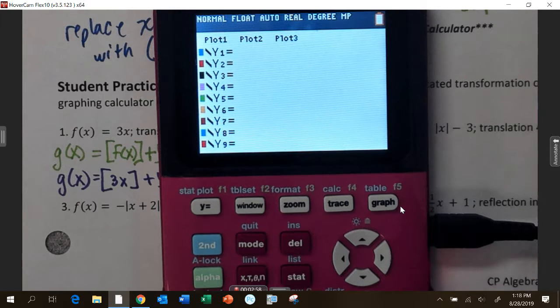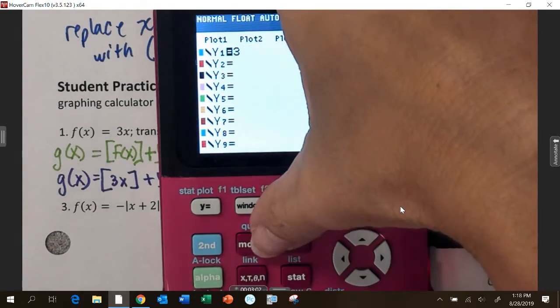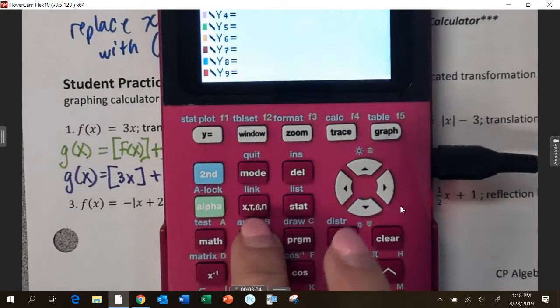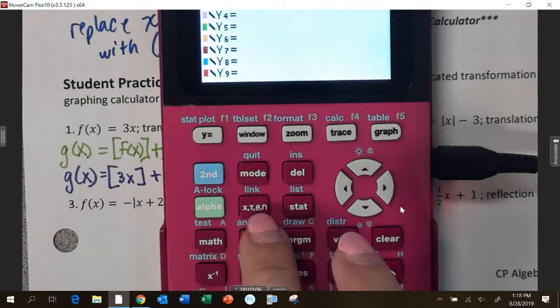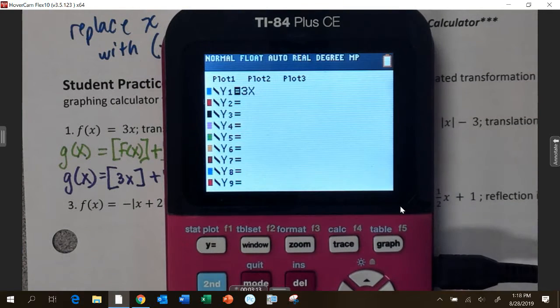So we're going to type in 3, and to find the x, there's a button right next to the alpha that says xt. It has a weird circle with a line through it called theta and an n. So that's your x button. So I typed in 3x.